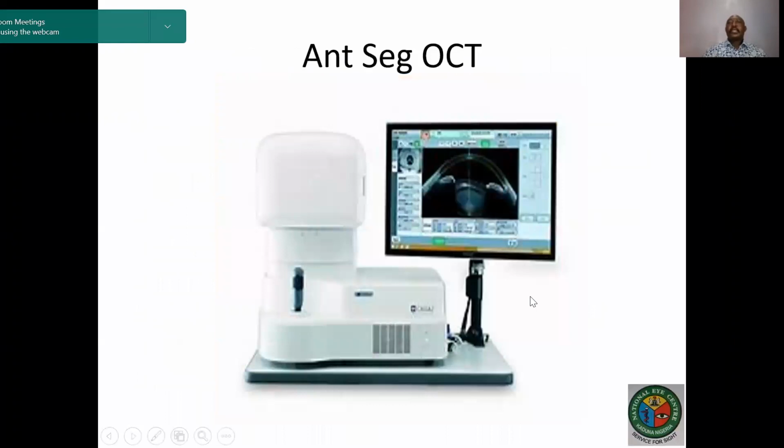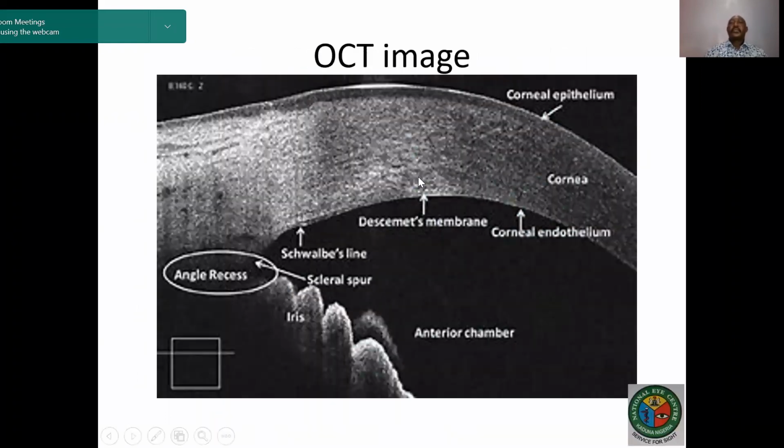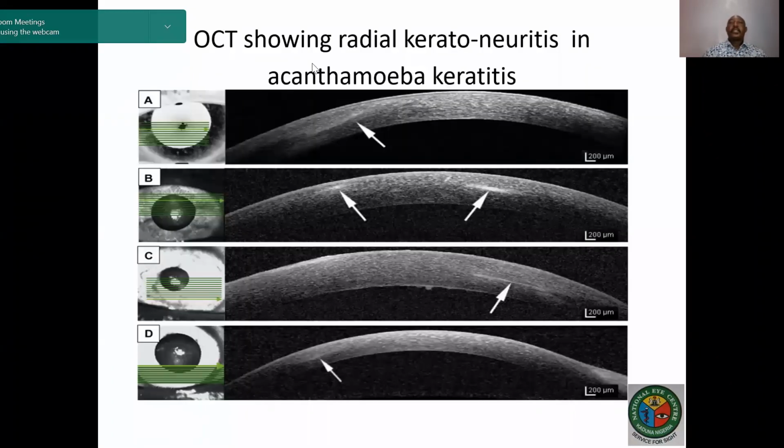Like we said, OCT gives us a deep, more concise image of the cornea, giving us a detailed pictorial analysis of the corneal layers. This is a typical OCT image showing radial keratoneuritis in acanthamoeba keratitis.